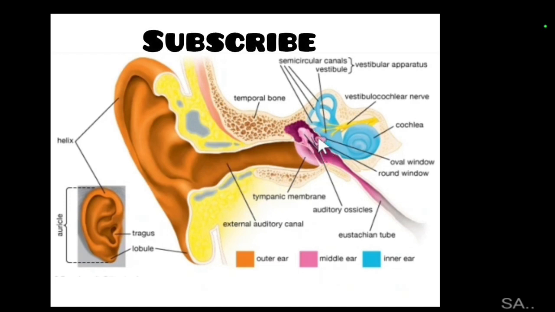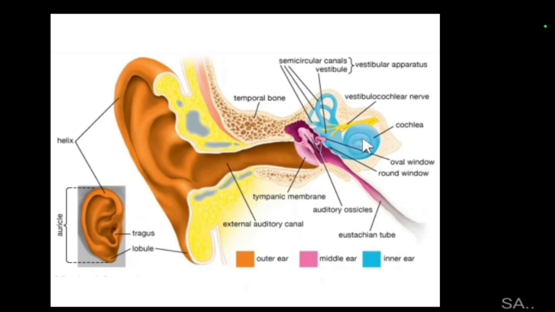Then these vibrations are passed to the cochlea, and there they are turned into nerve impulses, the electrical signals, which are carried by the auditory nerve to the brain, so that we hear.